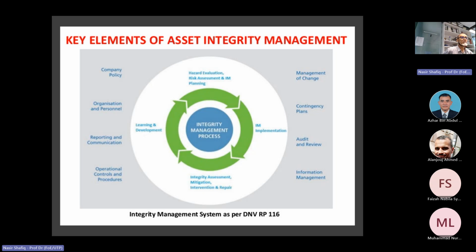So based on the first phase in integrity management planning, sometimes you find that this modification is to be done, or one repair to the pipeline is to be laid. That is the integrity management implementation, because from the findings you are implementing integrity management, mitigation, intervention, and repair, a major thing, right?